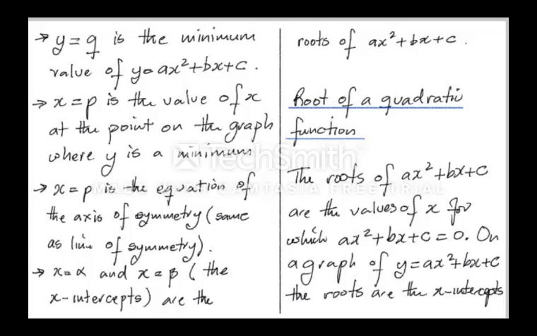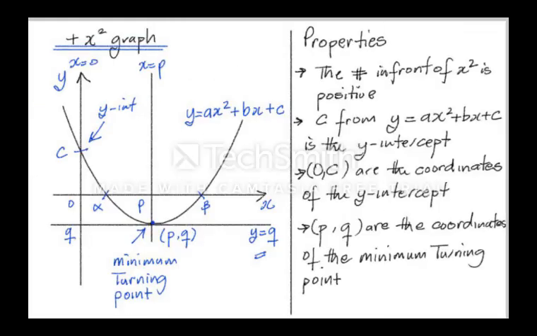On a graph of y is equal to ax squared plus bx plus c, in other words, on a graph of the function, the roots of the function are the x-intercepts. As we show in this diagram, the x-intercepts are here and here, where the graph cuts the x-axis.